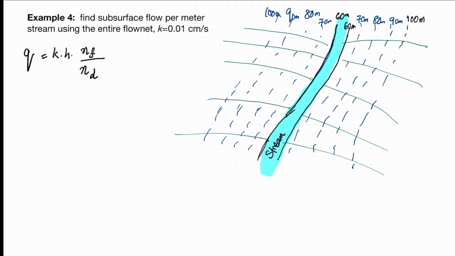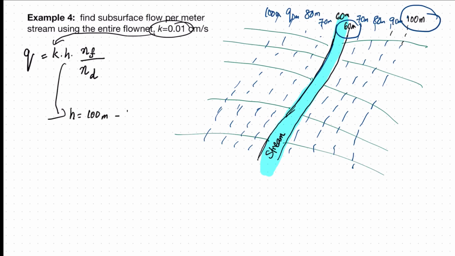K is given, so you get it directly. H you can calculate from the highest point to the lowest point of the flow. H is the highest point, 100 meters, minus the lowest point, which is the stream level, 60, so 100 minus 60 is 40 meters.